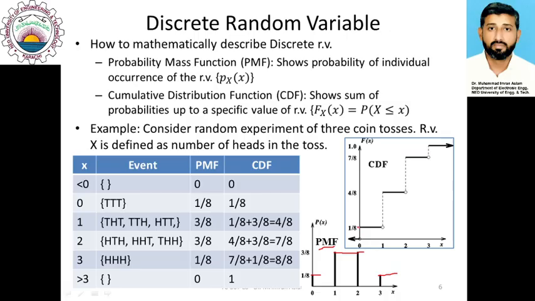CDF, because it shows the summation, starts at 0, then at x equal to 0 it becomes 1 by 8, then at x equal to 1 it becomes 4 by 8, then at x equal to 2 it becomes 7 by 8, and at x equal to 3 it becomes 1, and beyond that it will retain its constant value 1. So the final value would always be 1 for CDF.